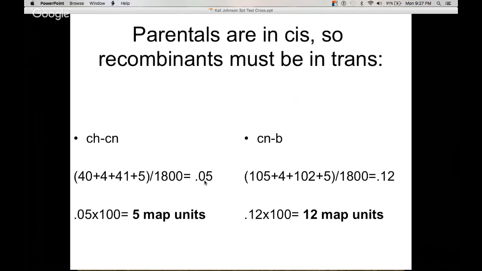And you get 0.5, and then you have to multiply that by 100, and you get 5 map units. You do the same thing for CN and B, and you get these total numbers for the progeny over the total number of progeny produced. You get 0.12 times 100 is 12 map units.